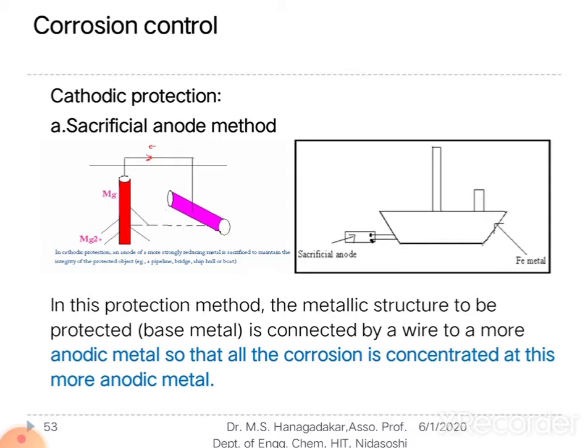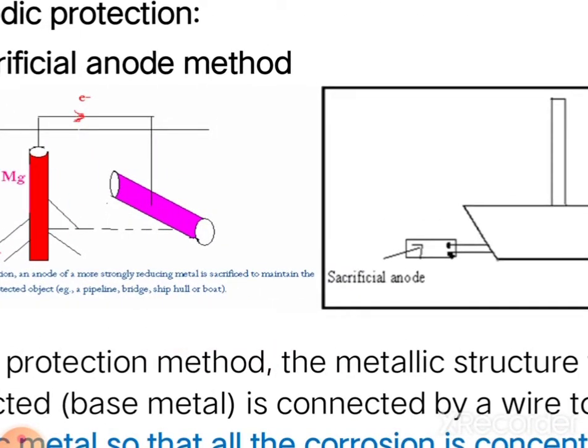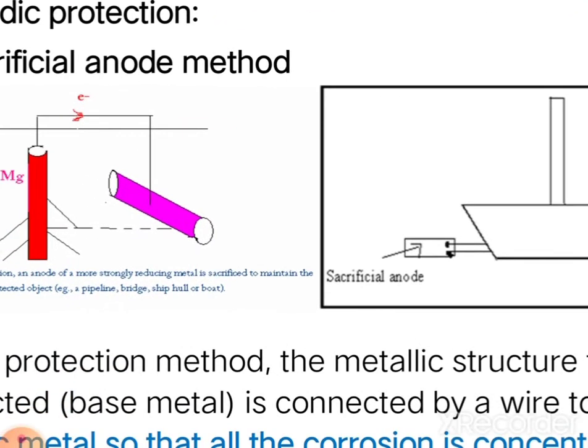Now let us discuss the first one, the sacrificial anodic method. You can see in this slide there are buried articles under the ground which are required to be protected against corrosion.